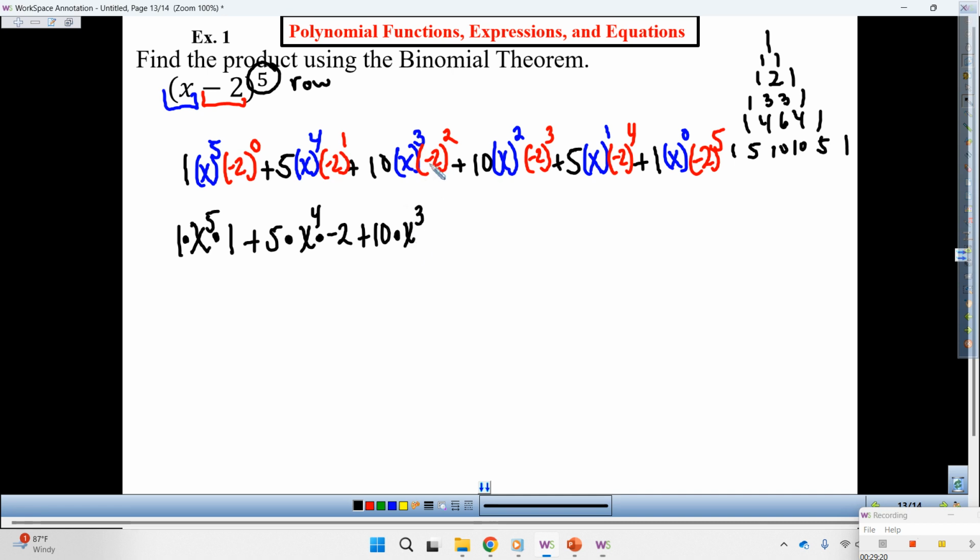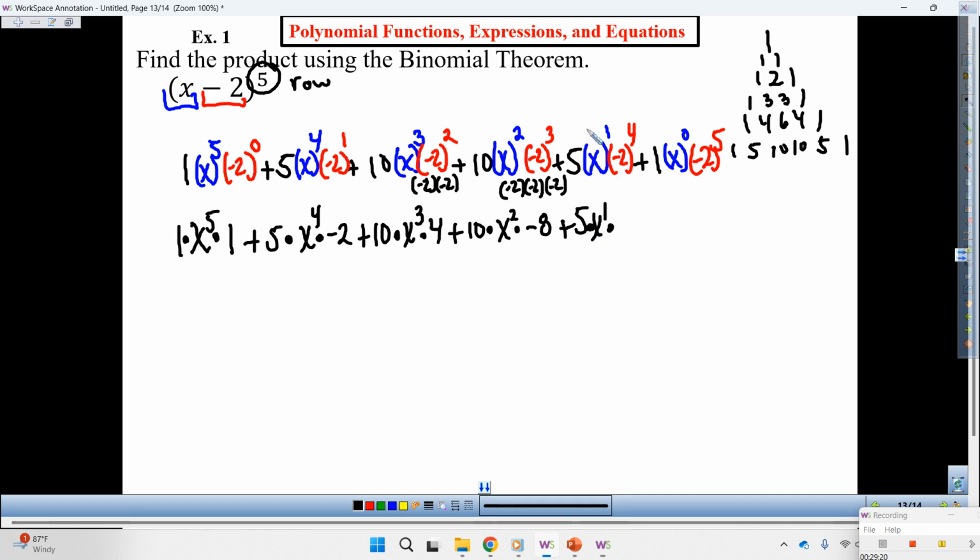What is negative 2 squared? Well, negative 2 times negative 2. What is negative 2 times negative 2? 4. Plus 10 times x to the second. This is negative 2 times negative 2 times negative 2. That is negative 8. Plus 5 x to the first times negative 2 to the 4th.